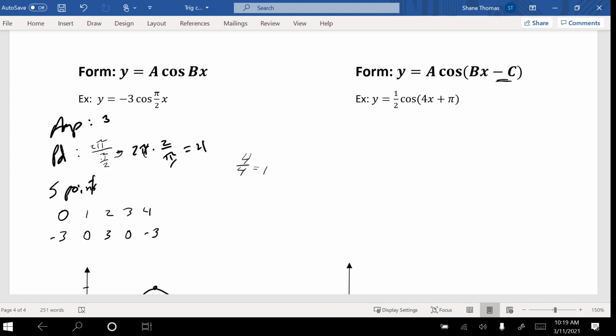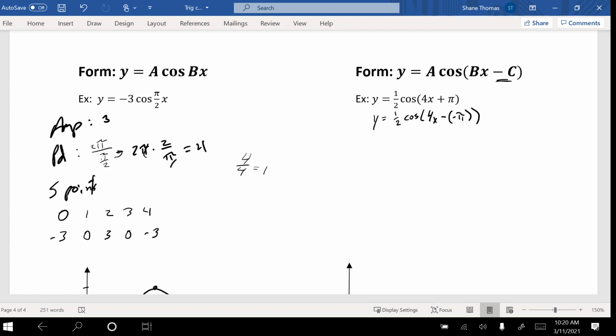This one here, we have a negative phase shift. I want to get it back to this form. So I'm going to rewrite this as y equals 1/2 cosine of 4x minus a negative pi. Now that has it in that same form, so my c term is truly negative. I have to take that into account when I'm doing the key points.